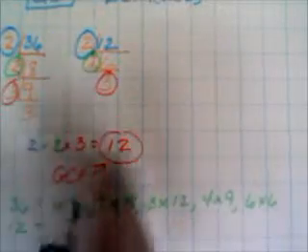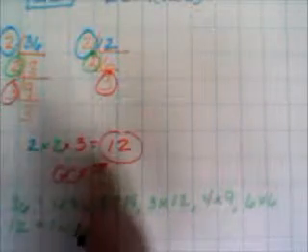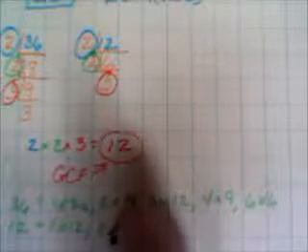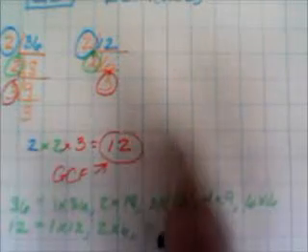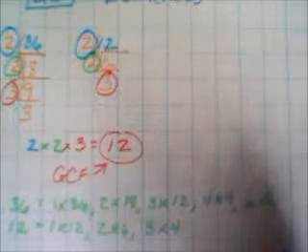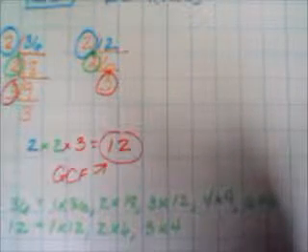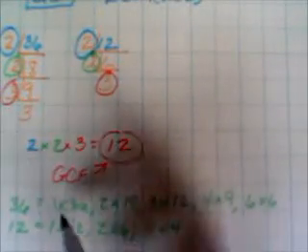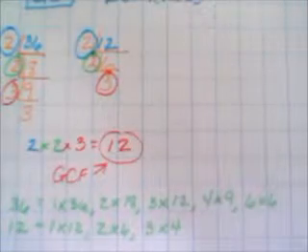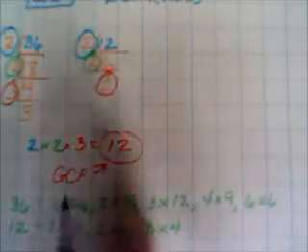Okay, here on 12, we would have had 1 times 12, we would have had 2 times 6, and 3 times 4.